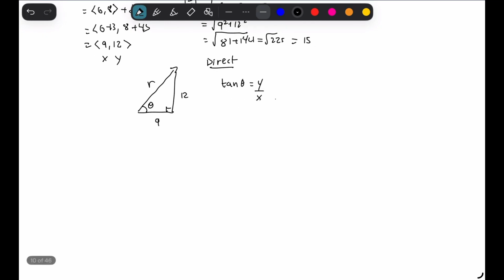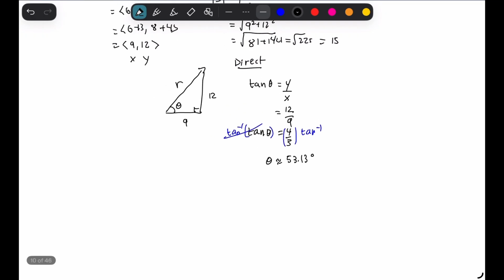So we can substitute in our y and x. That's equal to tan theta. But we don't want that. We want to get that theta by itself. So we're going to take the inverse of both sides. And then we can clearly see that theta is equal to tan negative 1 of 4 over 3, which is approximately 53.13 degrees.